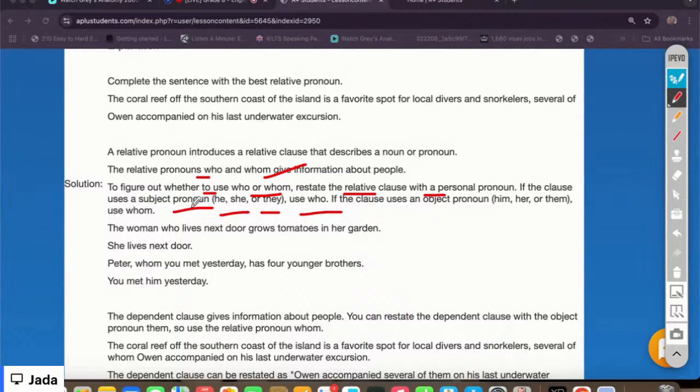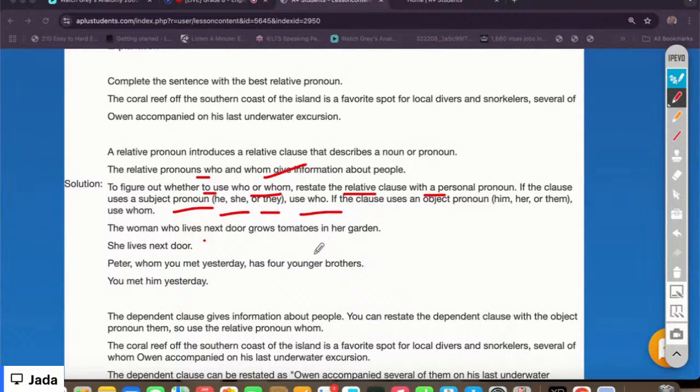So we have, the woman who lives next door grows tomatoes in her garden. So you can say she lives next door, not her lives next door. So she lives next door. Then we have, Peter, whom you met yesterday, has four younger brothers. So it's like saying you met him yesterday.